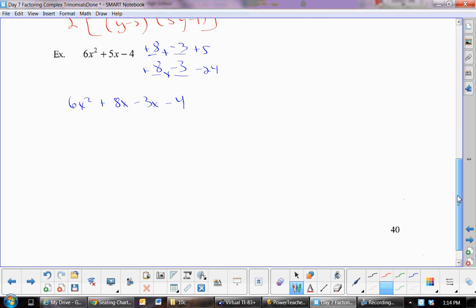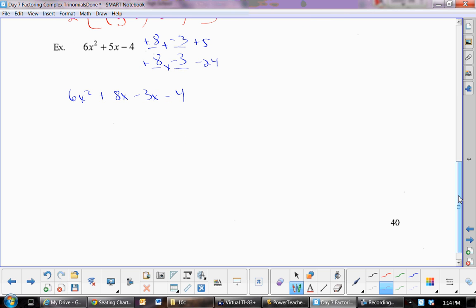The great thing about these is it's the same thing every time. Find your two numbers. Put those two numbers in the middle. Then you put your grouping brackets. Out of the first set, we can take out 2x. Now divide them. 6x squared divided by 2x is 3x, plus 4.